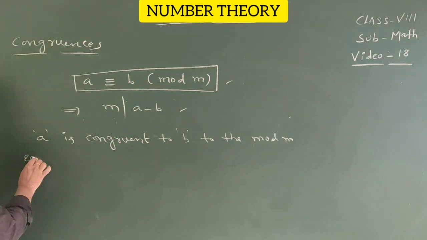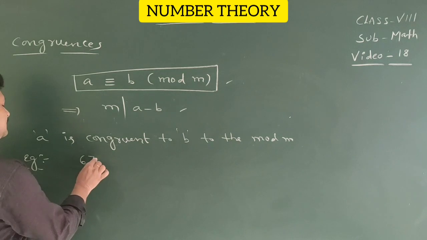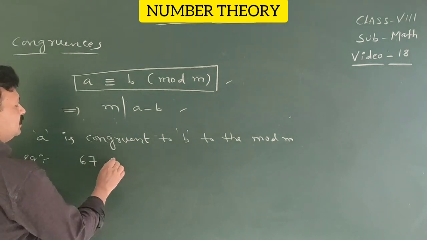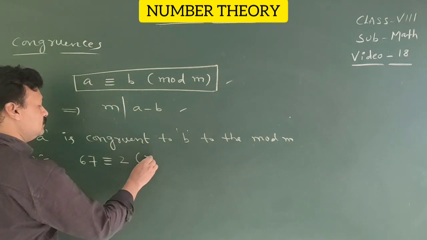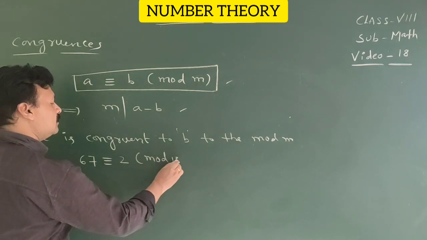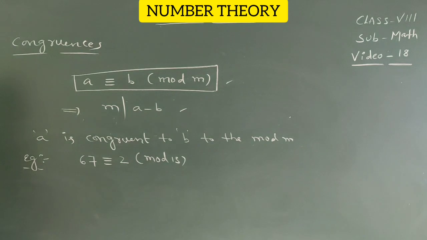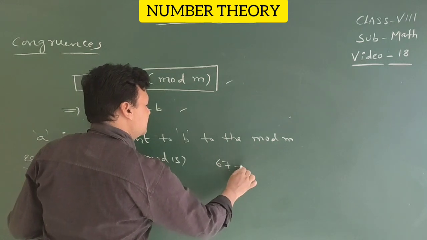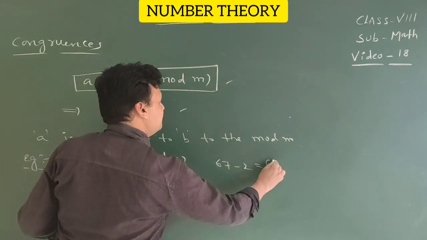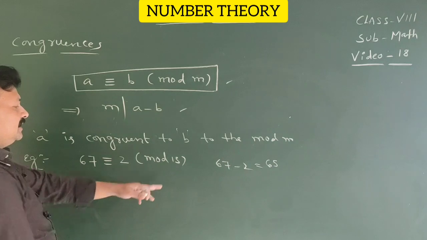For example, 67 is congruent to 2 mod 13. Is it correct or not? Yes, because 67 minus 2 equals 65, which is divisible by 13.